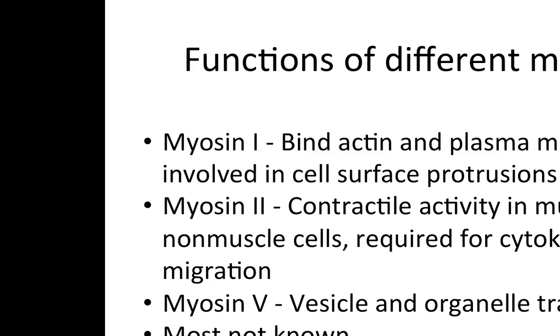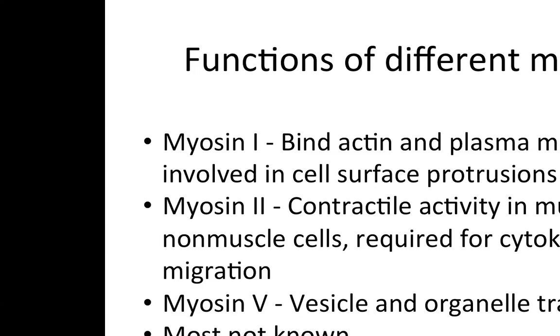So some functions of different myosins. Myosin 1 binds actin and the plasma membrane, and it's involved in cell surface protrusions. Myosin 2 is involved in contractile activity in muscle and non-muscle cells. It's required for cytokinesis and cell migration.